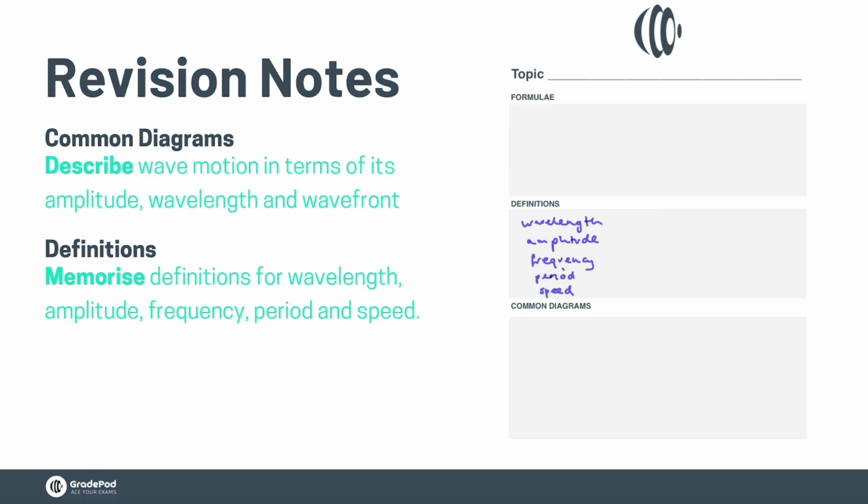And then in the common diagrams section, two diagrams. This diagram first, showing the amplitude and the wavelength. And this diagram here, you please draw it much neater than me, showing the wavefronts and the ray diagram.